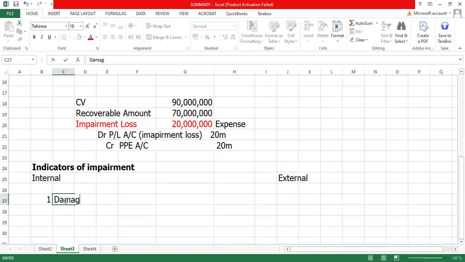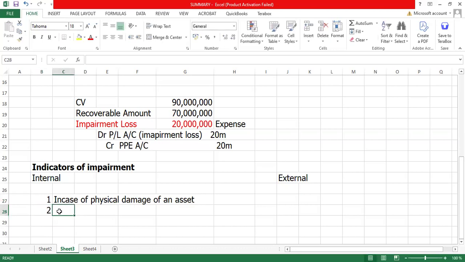That means in the case of physical damage of an asset. As long as the asset has some damages, you have to sell it at a lower price. That is like deterioration.